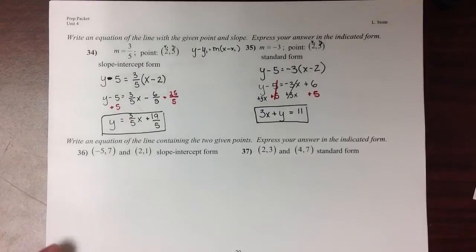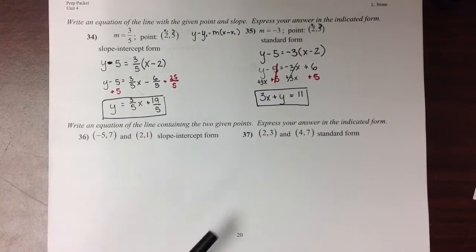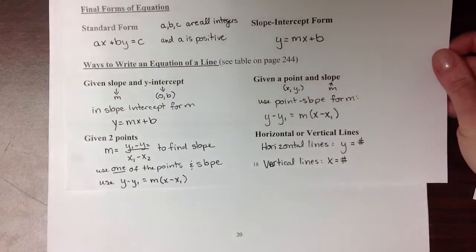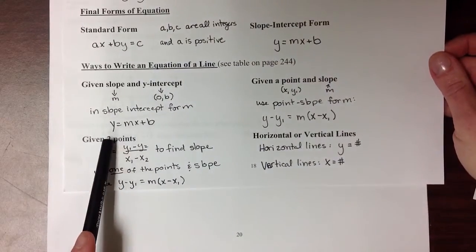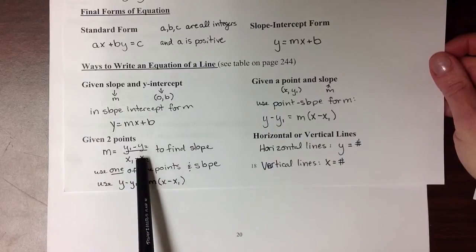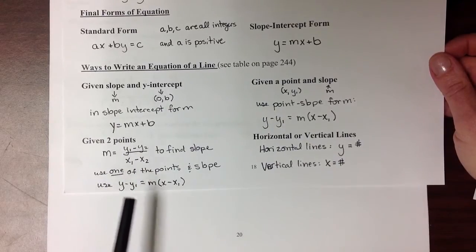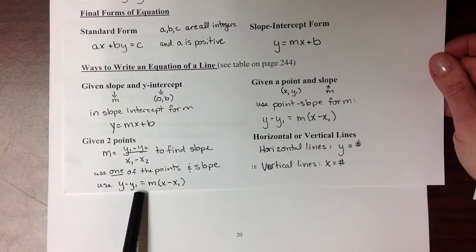In these next two problems, we're given 2 points. So if we come back here and look at our chart again, the chart says if you're given 2 points, use those 2 points to find the m, and then pick one of the points to use in the point-slope form.